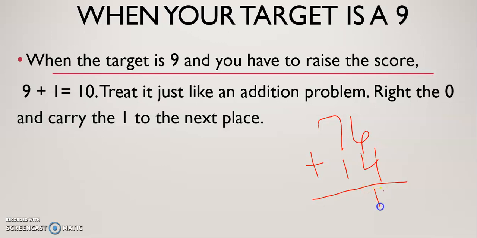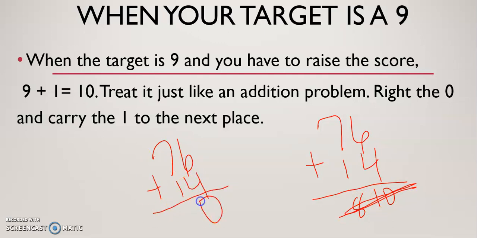I don't say 10 and 8. That's incorrect. What we know to do is to write our 0 and carry the 1 to the next place, so 8 and 9. Well, that's the same thing we do when we're rounding and your target has to go up 1. You're going to write your 0 and carry the 1 to the next place.